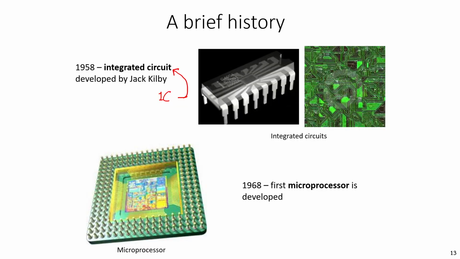But in fact, we can use an IC, which integrates so many transistors inside. This is big progress in human technology. And then we will have the microprocessor, which integrates many ICs.